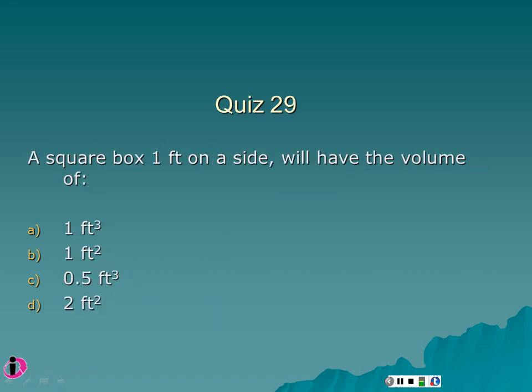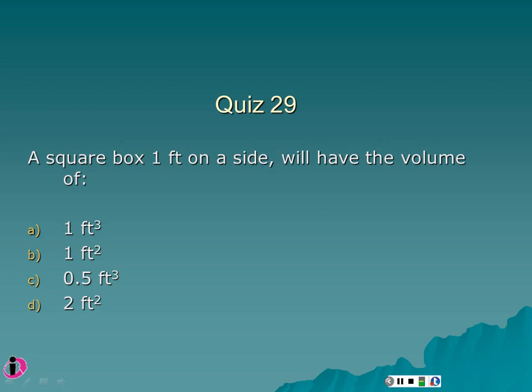A square box 1 foot on a side will have a volume of what? Remember, this is a square box. Square box means what? You see the boxes coming from 1 foot. So 1 foot cubed, right? Because all the sides are 1 foot each. And since this is a square, that means the object is going to be a cube, right?